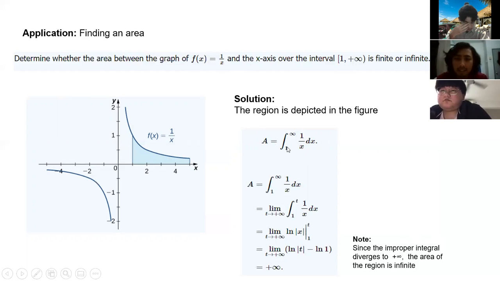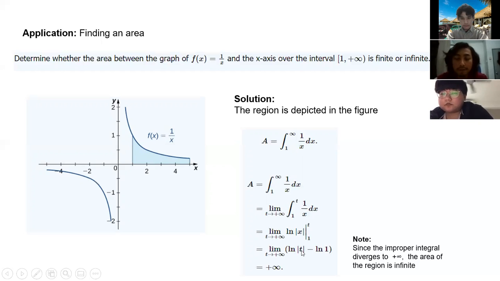So this is the limit as t goes to positive infinity of the integral with lower limit 1 and upper limit t of 1 over x dx. We integrate this to get ln x with limits 1 to t, and then the limit as t goes to positive infinity of ln t minus ln 1.